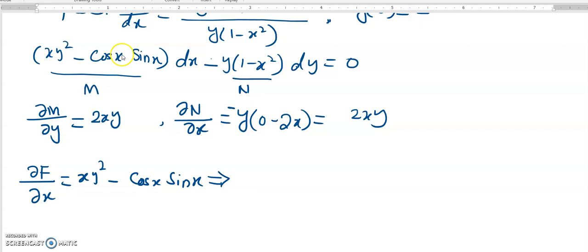Since this is sine x cosine x, we can simplify it: partial f over partial x is x y square minus, because we know that sine 2x is equal to 2 sine x cosine x, so it is equal to sine 2x divided by 2.